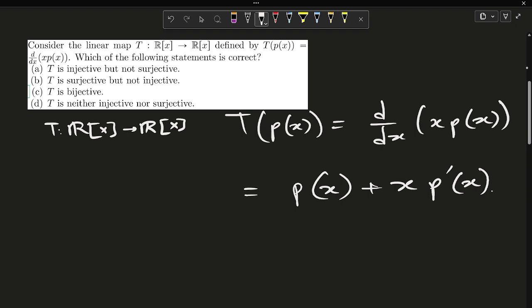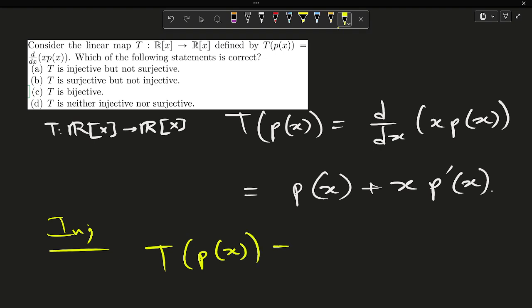Now we are going to check the injectivity of T, that means the one-one-ness. To check if T is injective, we verify that T of p(x) equals 0 implies p(x) equals 0.